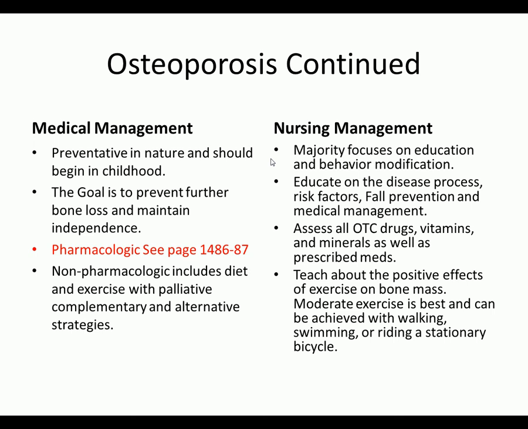Pharmacological medications that you're going to be seeing with these patients are listed on 1486 and 1487. They're going to do pain meds, anti-inflammatories, steroids and non-steroids both. You'll see bisphosphonates and calcitonin, calcium and vitamin D supplements, and parathyroid hormones for these patients.